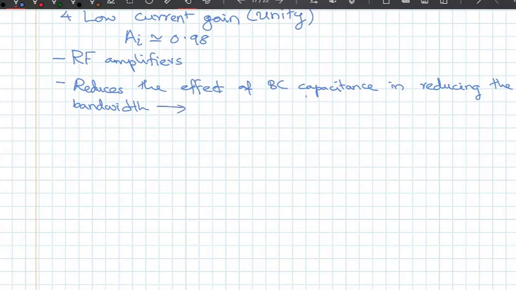So to increase bandwidth, use this in high frequency applications. We use common base amplifiers, and also in some regulated power supplies.